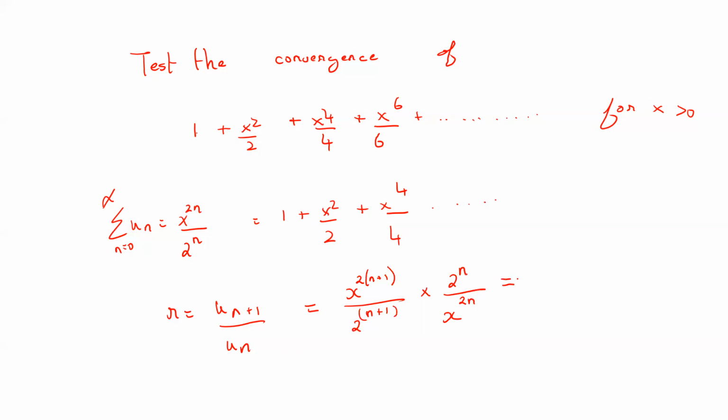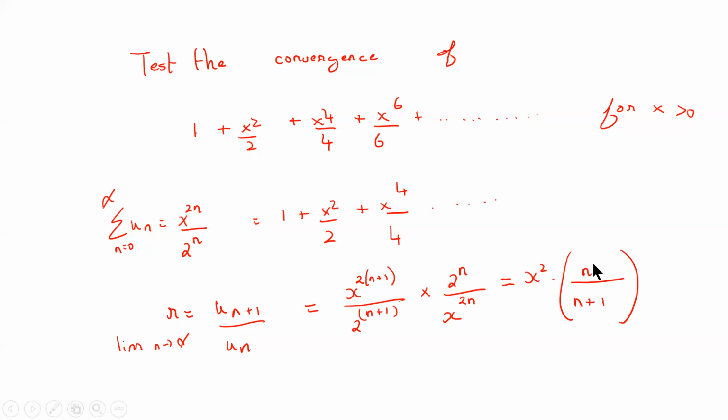On simplification this gives me x square times n over n plus 1. Again, this is evaluated in the limit n going to infinity, so you should remember that.